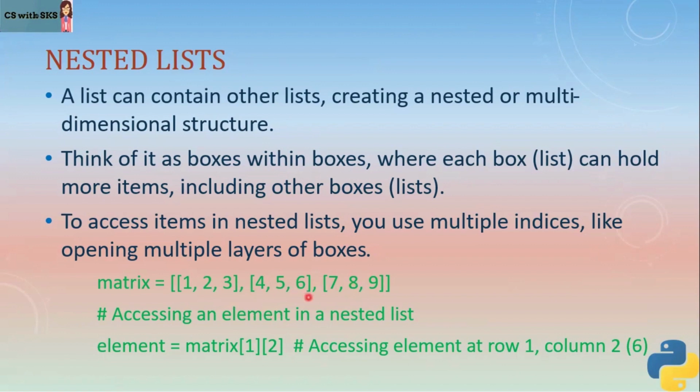And in order to access this, I have to have multiple indices, right? So right now, if you see, I have 3 rows and 3 columns here, right? So first row, second row, third row, and each row is having 3 columns in it.